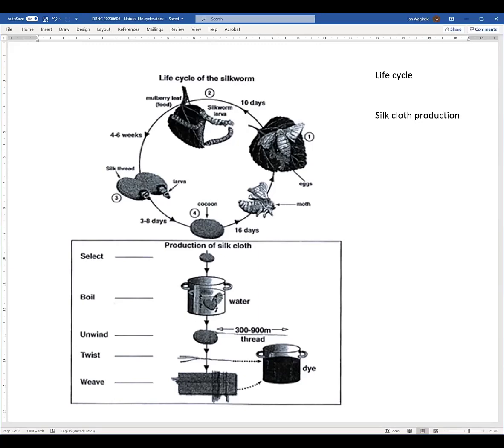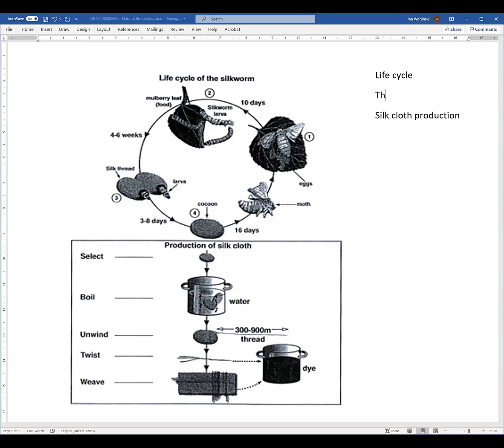Okay, so the life cycle of the silkworm starts. When you say cycle, don't say process, because it's the same thing. Those are synonyms.